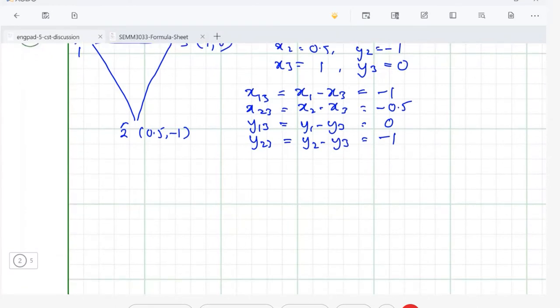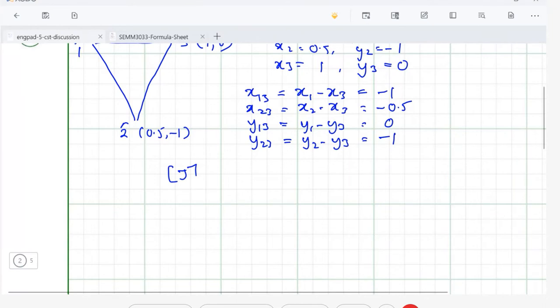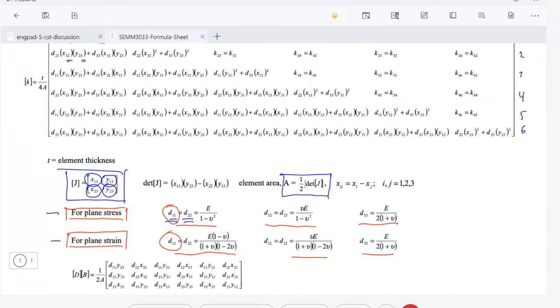So our J, according to the formula given in the formula sheet, is just the determinant of X13, Y13, X23, Y23.